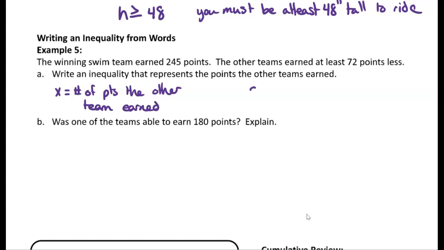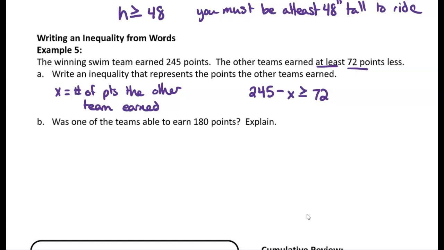So the winning team was at 245. If you subtract the other team's points, it said it was at least 72 points less. So it was greater than or equal to. The difference of the scores is at least 72 points apart or more.